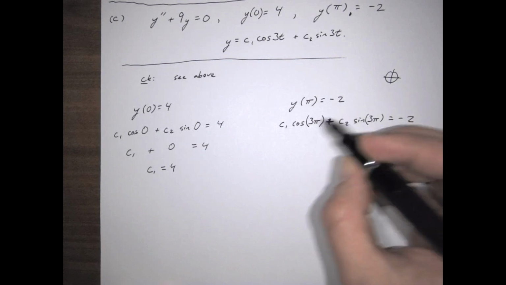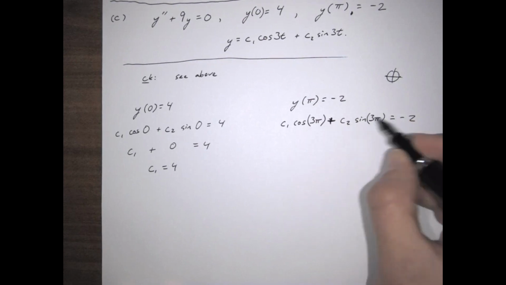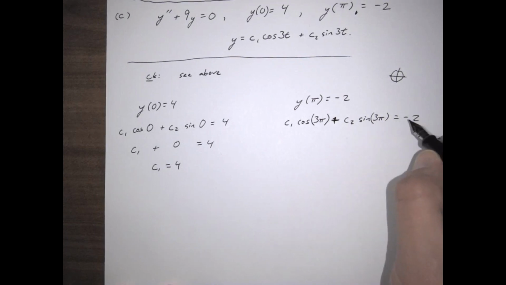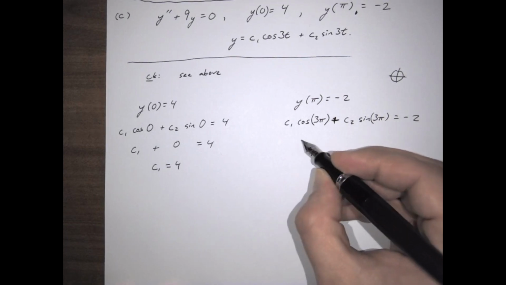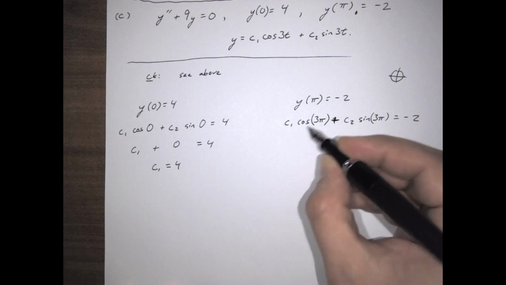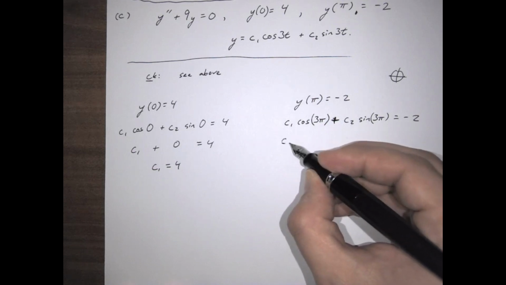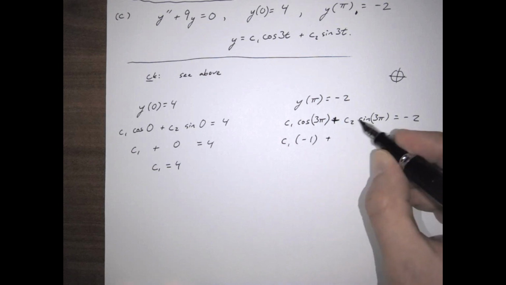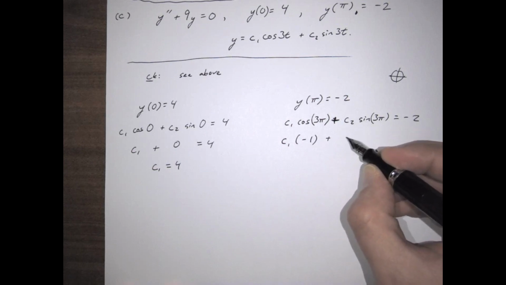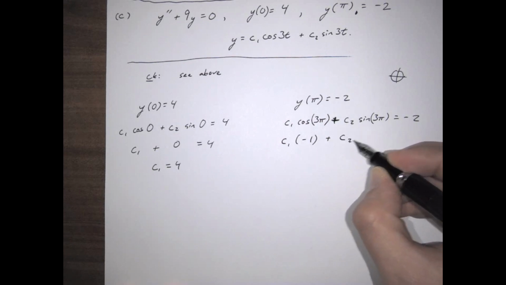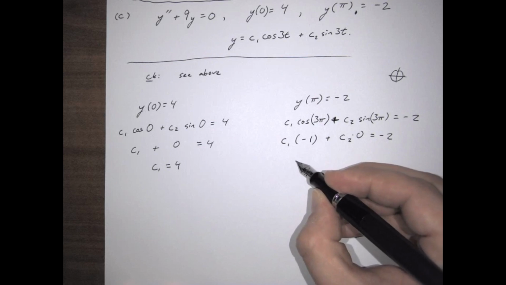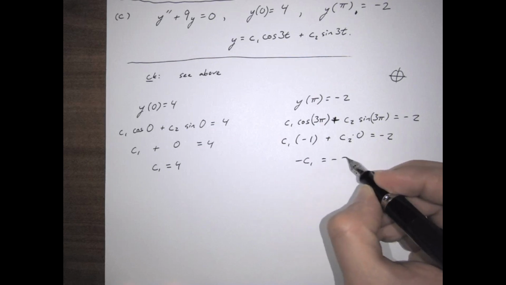All right, so right here, then what we will have is -1, and right here what we're going to have is equal to 0. So this means -c1 is equal to -2.